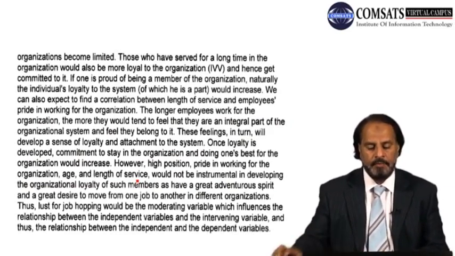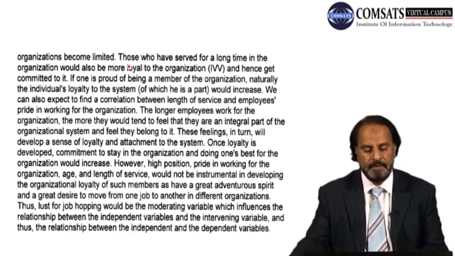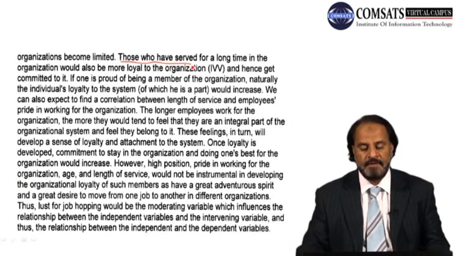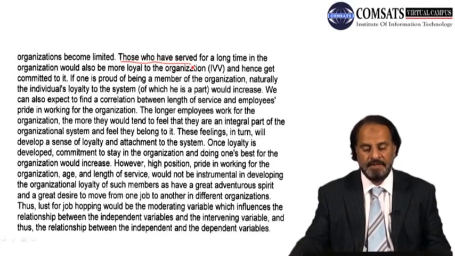Those who read further in the literature review will see that the theoretical framework suggests that those who have served for a long time in the organization would also be more loyal to the organization, which he considers the intervening variable. So loyalty is an intervening variable here.